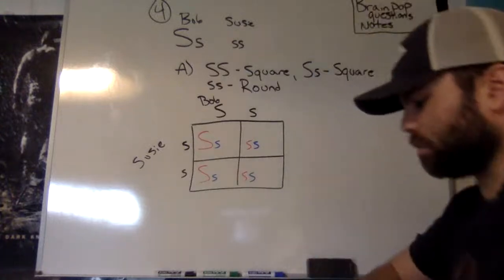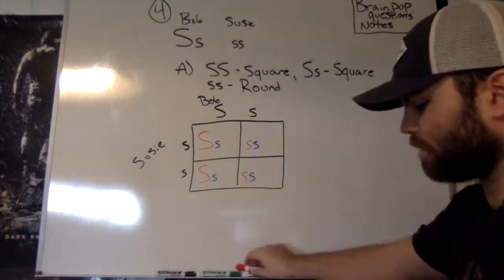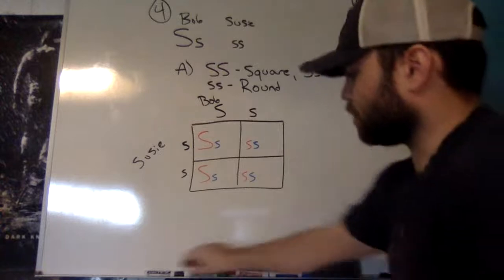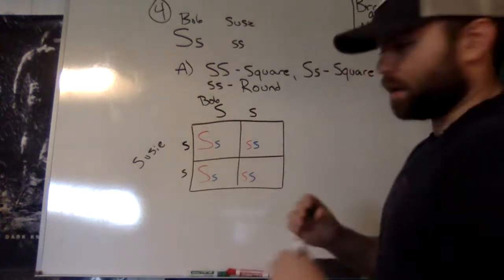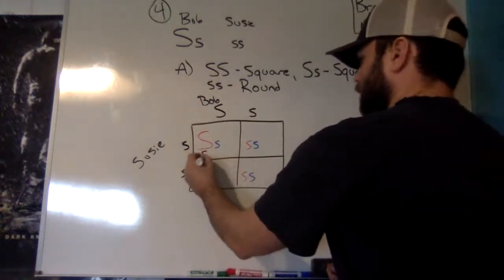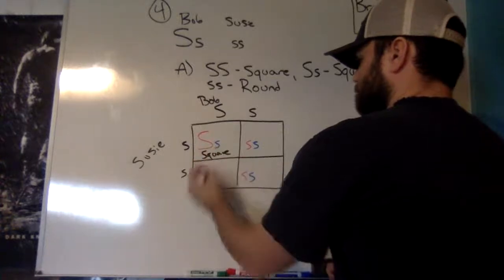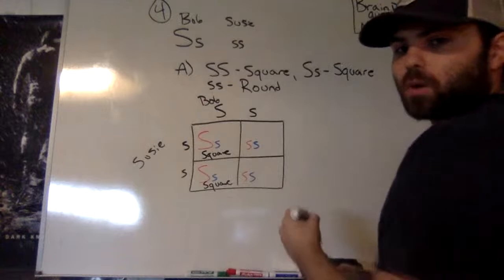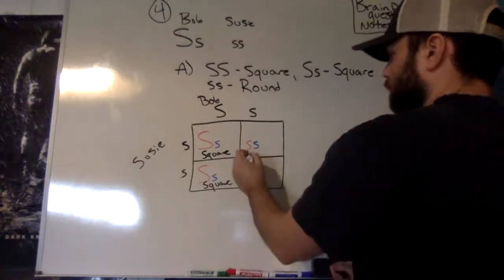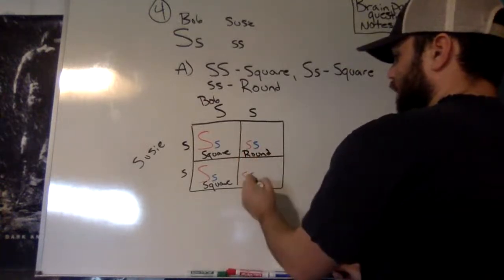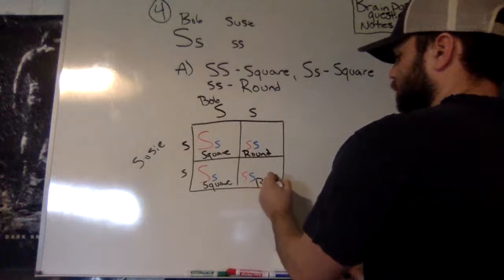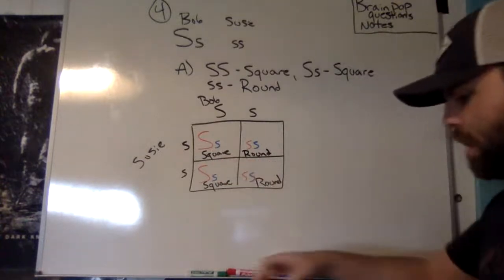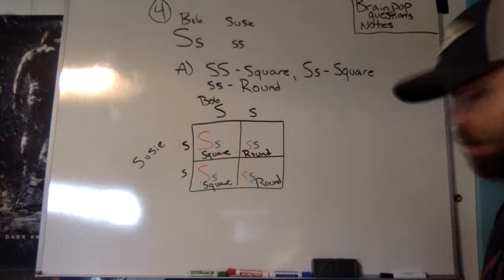So it's asking us for B, what are the chances that the child will have a square shape? So looking at this, wherever there's an uppercase, you're going to write square, okay? So that's square. That's square. All right, we got 2 lowercases, so it's going to be round and round. So it's saying, what are the chances of a child with a square shape?